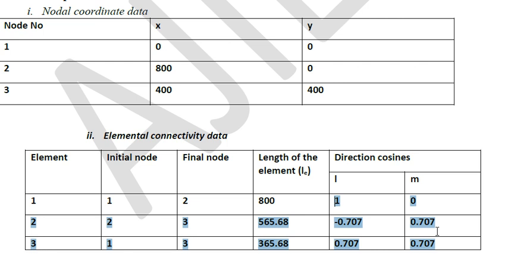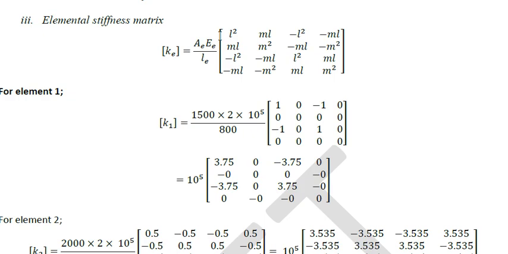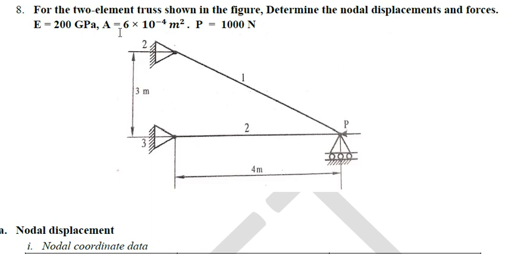So L and M, the direction cosines, are found. And the elemental stiffness matrix is similar. So we will get 3 stiffness matrices. We should be careful while adding the components of the stiffness matrix. All those 3 problems which I just brushed up, we have learnt before.